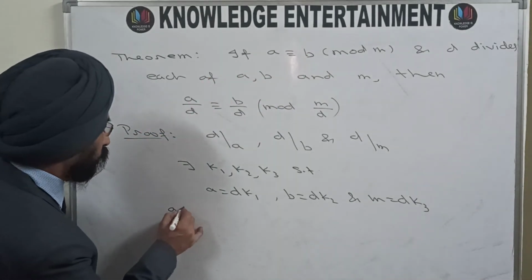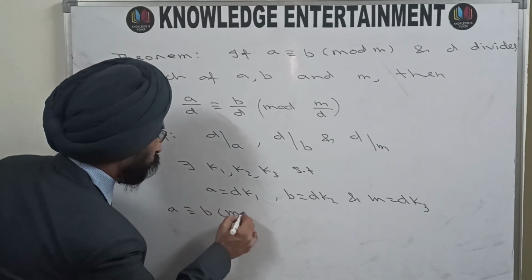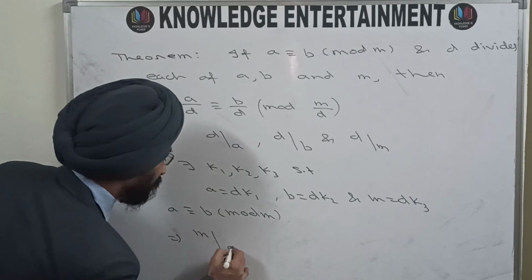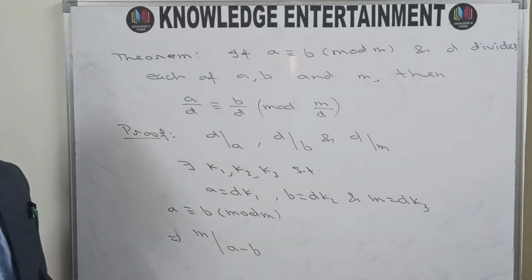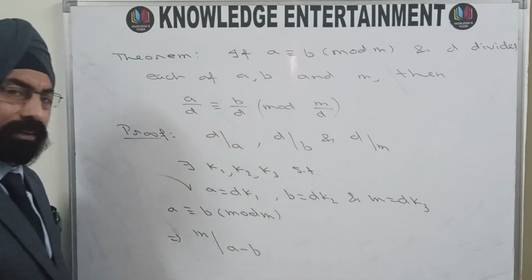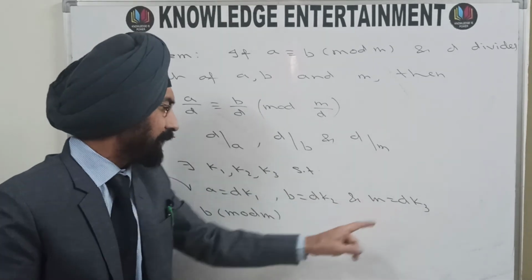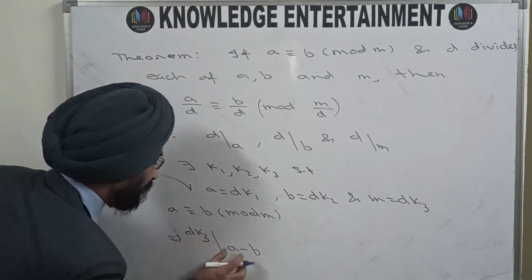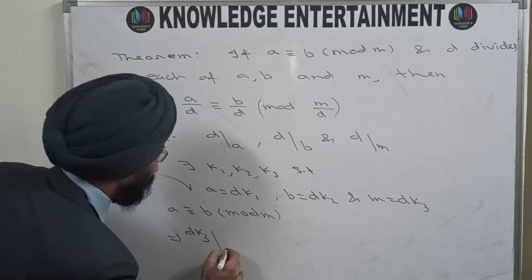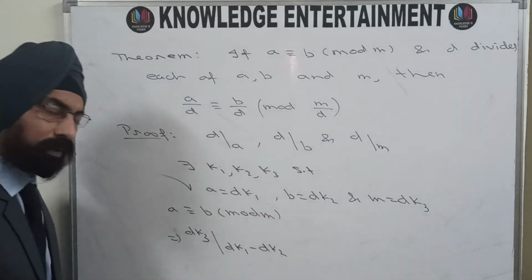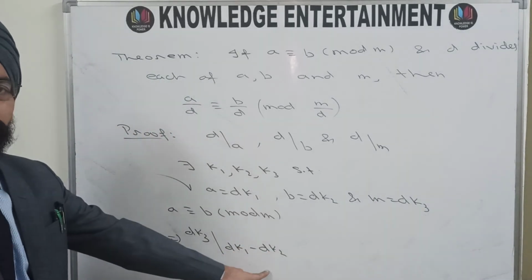So A is congruent to B modulo m means m divides A minus B. And substitute the values for m, A, B from the previous line. What is m? m is D k3. So D k3 divides A minus B. A is D k1 minus B is D k2. You can take D common from this term.